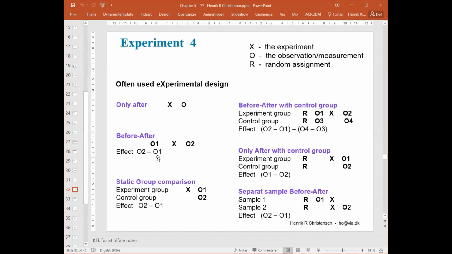The problem here is that we have asked one group. As you can see here, it's the same group we are asking. We are asking on the 1st of January, and by simply asking, we are creating attention towards satisfaction, lots of things that go with satisfaction.